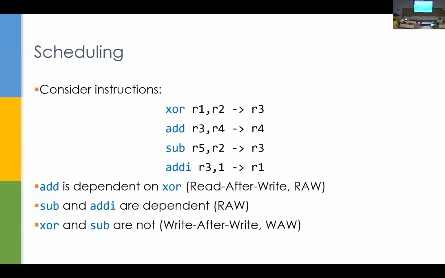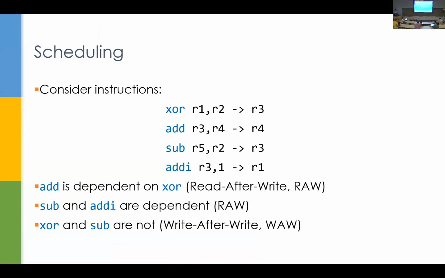I know this is assembly, but because you're going back many, many years to understand. Yes, exactly. So because the addition depends on what XOR writes to R3, you have to execute them in order. So let's look at sub R5, R2.